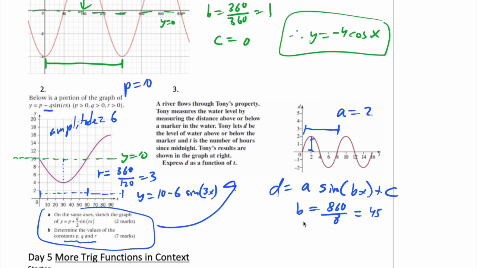And then C is the principal axis, C equals 0. So the formula for the curve is 2 sine 45x. Okay, so that's the equation there. Actually, we should probably use t. D equals 2 sine 45t, because that's the variable given in the graph.